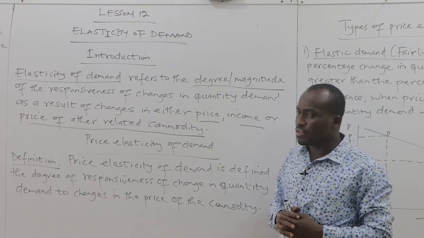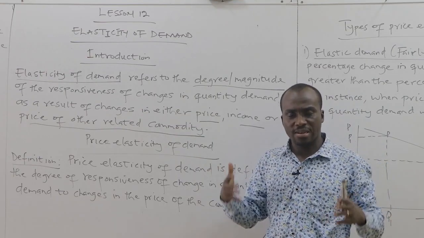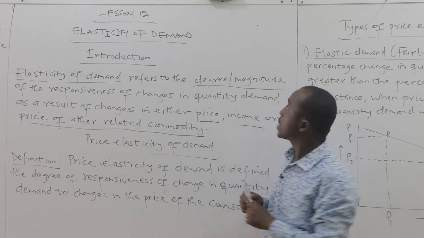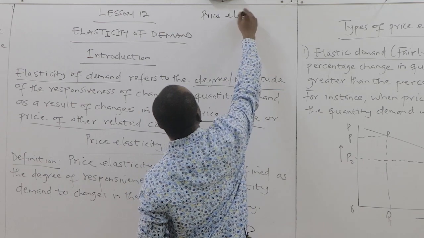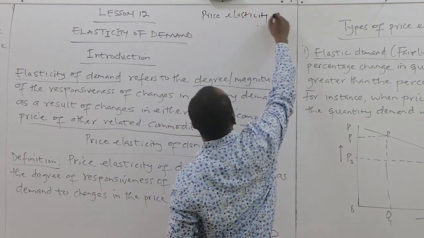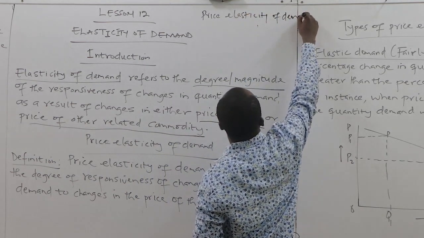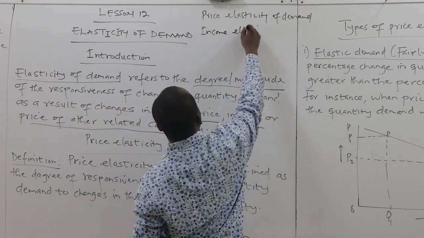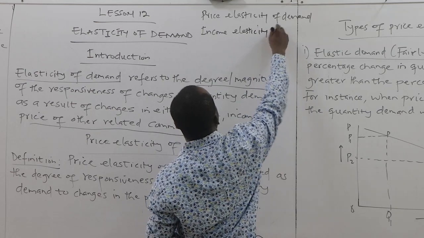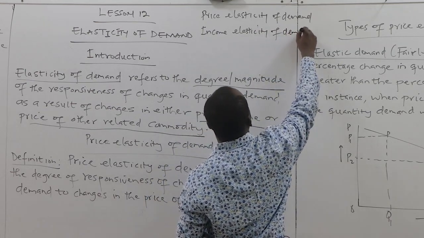When we talk about elasticity of demand, there are three categories, three types of elasticity of demand. We have the price elasticity of demand. We have the income elasticity of demand.